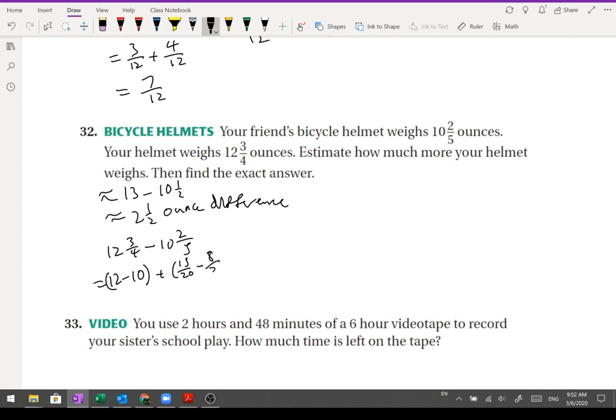So that's 8 over 20. And so 15 minus 8 is 7. So we have 2 and 7 over 20. Is that pretty close to 2.5? Then I would say that's very close. We're only 3/20 different from the exact answer.